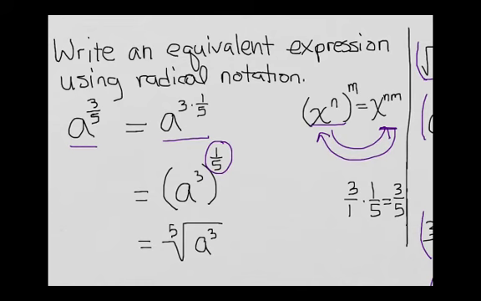Now in practice, when you're doing these problems, you're usually probably going to go straight from here to here without those intermediate steps. And you'll think of the denominator here as becoming the index of the radical and the numerator as staying the power of the base.